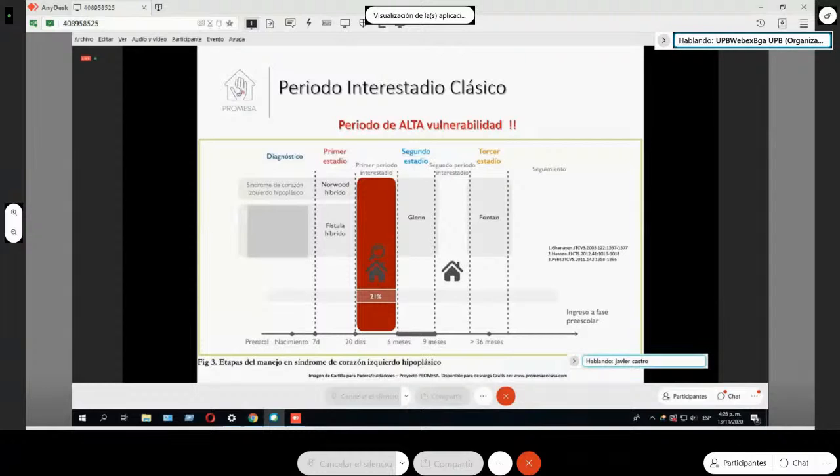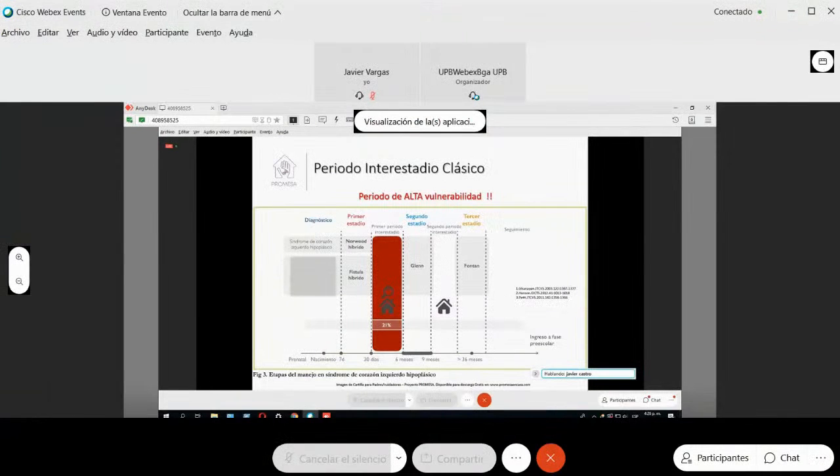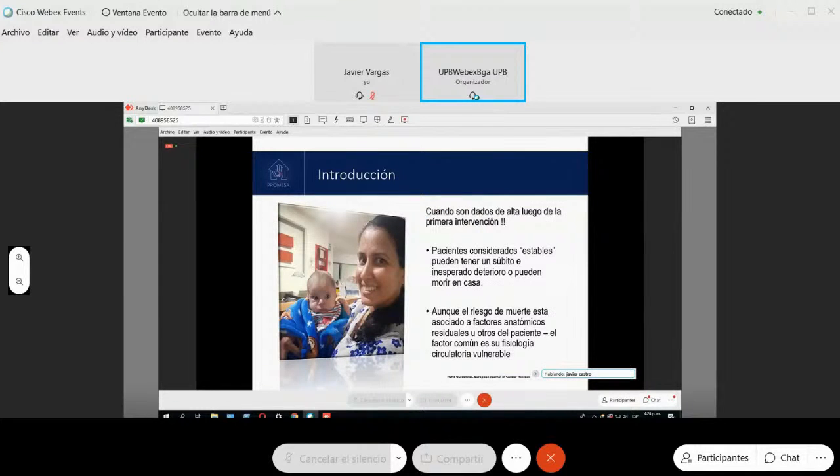I call it the classic interstage period. Usually when we talk about interstage, we talk about the period when the child is discharged after this first surgery and goes home until the second stage or second surgery. It may range from 1 month of life to 6 or 9 months. Classically, it's called interstage when it refers to HLHS.